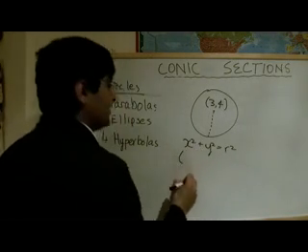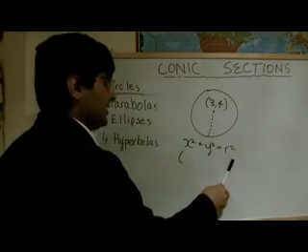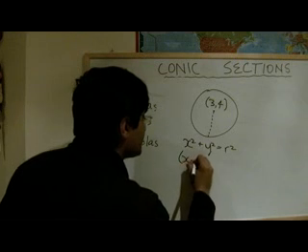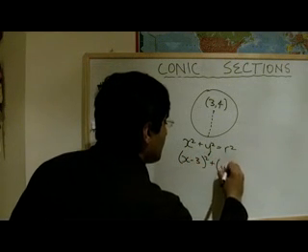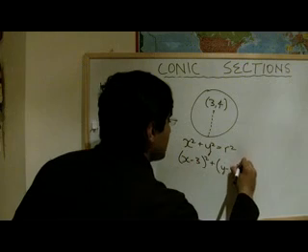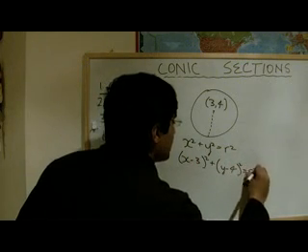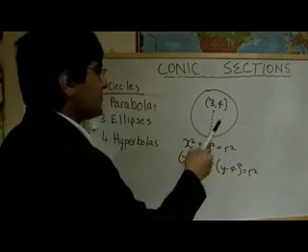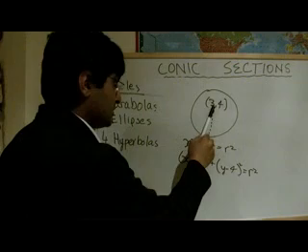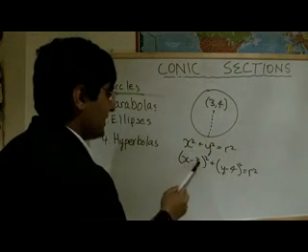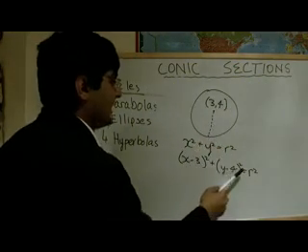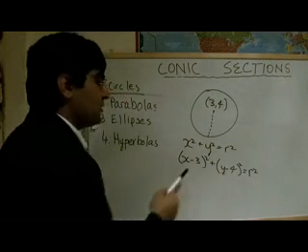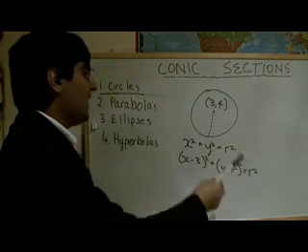The equation will not be x squared plus y squared equals r squared anymore. It will be (x minus 3) squared plus (y minus 4) squared equals r squared. So as you can see, you subtract the x coordinate of the center from x and square it, and you subtract the y coordinate of the center from y and square it. This is how you've come to study circles in the past.